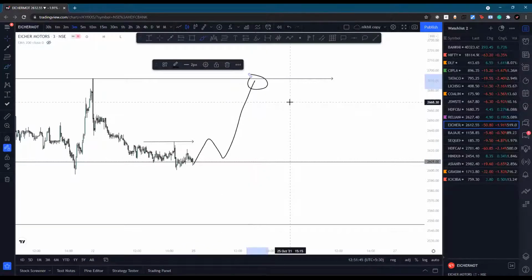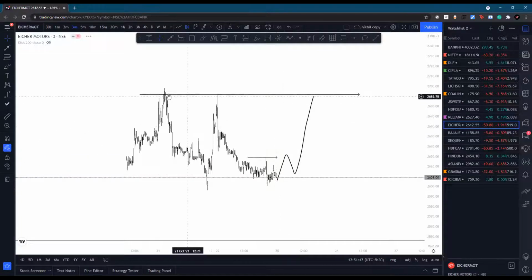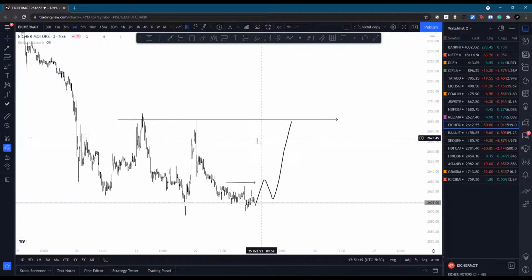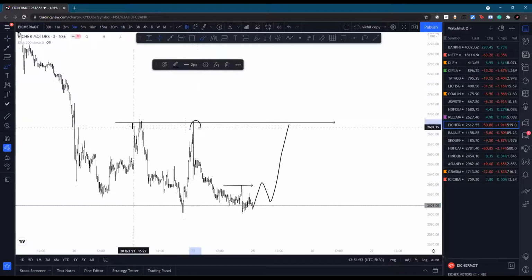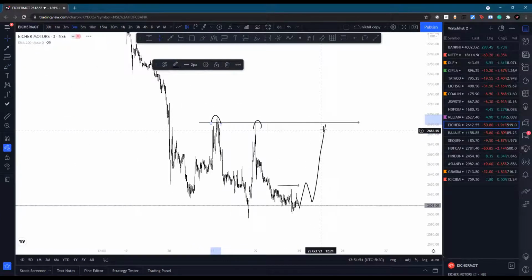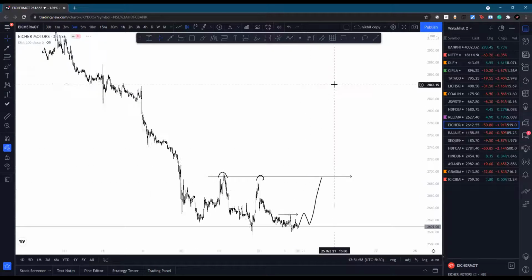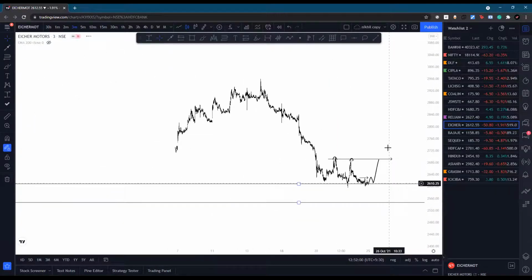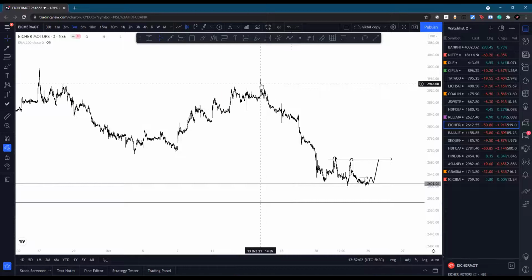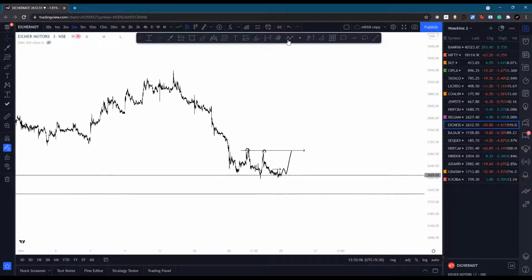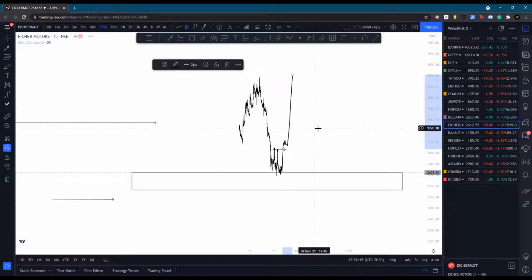This will be my target for intraday trading, and we have equal highs too. So after breaking those highs, there will be enough funding for institutions to push the stock again to the upside. And easily we can see markdown, accumulation, markup. There will be reaccumulation somewhere around these prices, and then again a markup. Okay, is this clear?